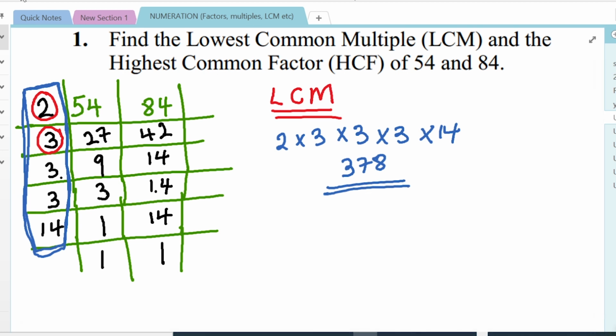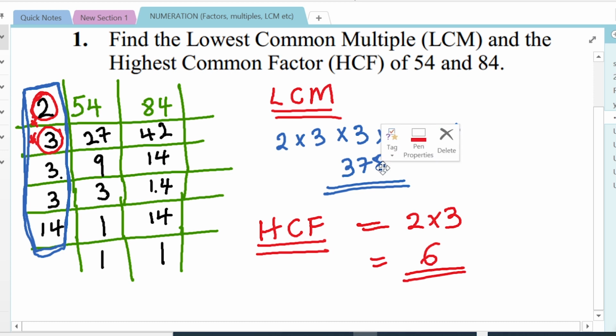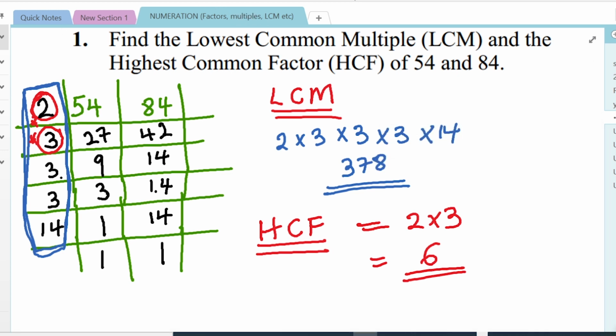For the highest common factor, it is these ones that we're able to divide through everything, it's 2 and 3. The only two numbers, so that's going to become 2 times 3, which is 6. So 6 becomes the highest common factor, and this 378 becomes the LCM, the lowest common multiple.